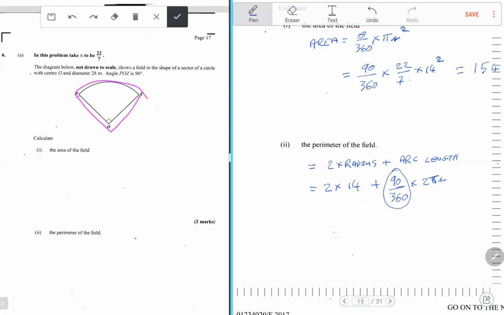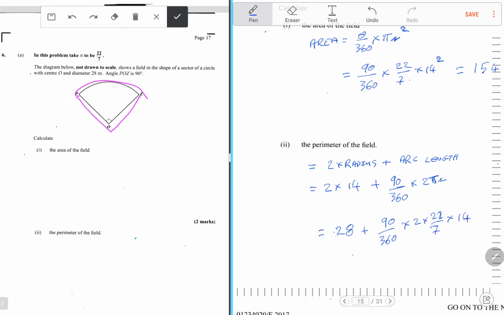The fraction is the angular fraction, 90 over 360, because the angle here is 90 degrees. I could put a quarter. So you put in the values: 2 times 14 is 28, plus a quarter times 2 times 22 over 7 times the radius, 14.